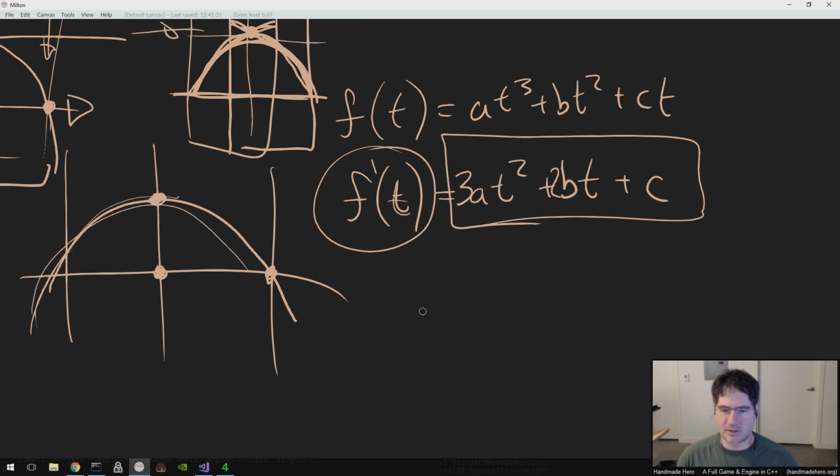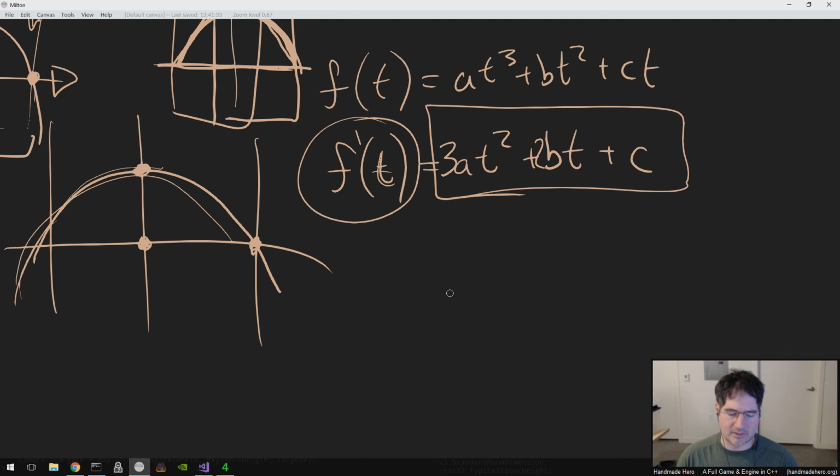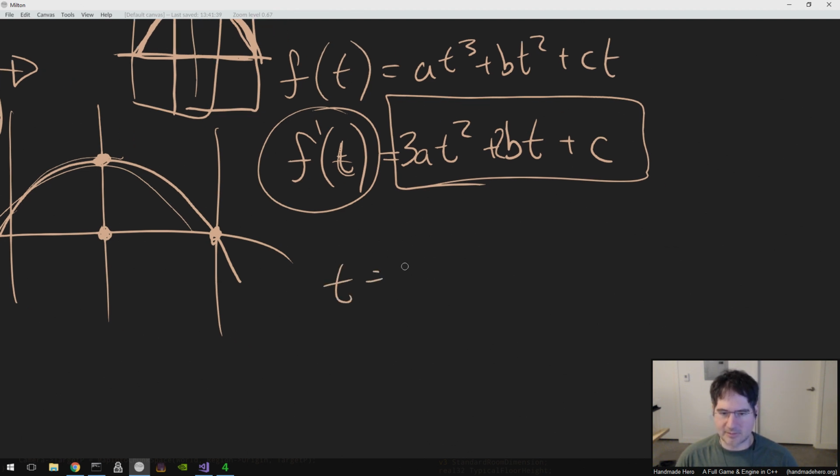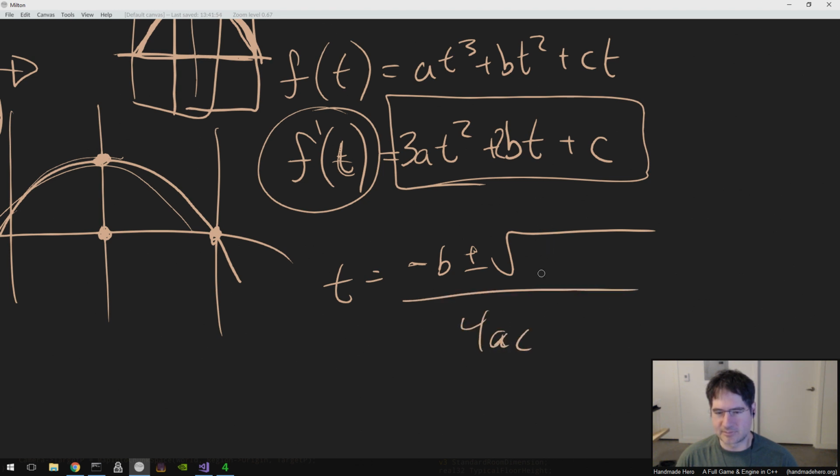And so we can do the, what is it? I don't even remember the quadratic equation at this point. It's like, you know, minus b plus or minus square root of b squared over 4ac, you know, some nonsense like this. What is it? No. It's something more like this.